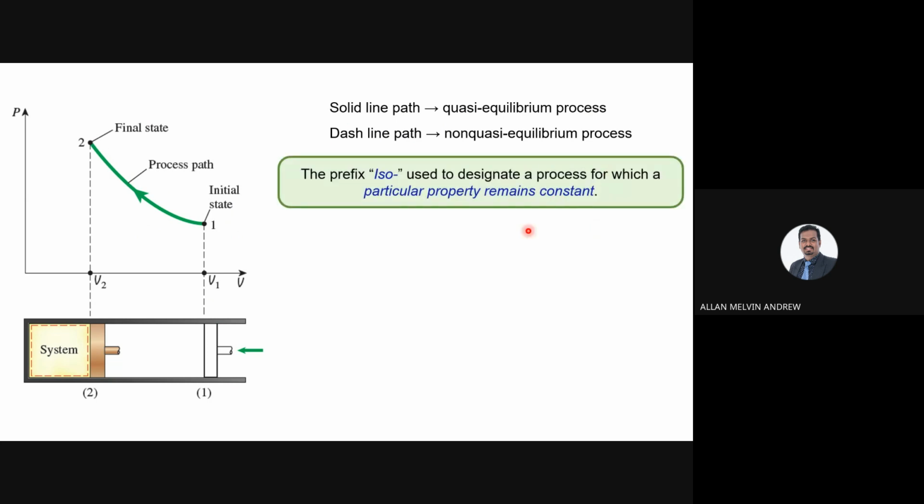Okay, and we also always use a prefix called iso. Iso means balance. It is used to designate a process for which a particular property remains constant.